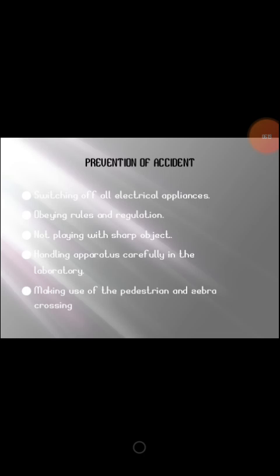For example, in your class, your teacher gave you rules and regulations, what you are supposed to do and not do. So you should obey the rules. They will tell you keep away from here, danger ahead. So many rules that we have. Once you see them, make sure you obey them.